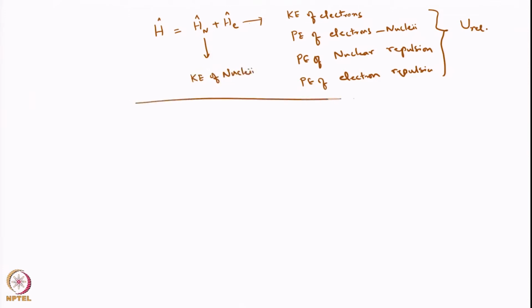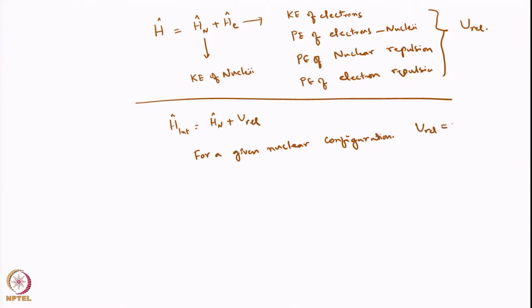Now that means your H internal, that is the motion of the nuclei, can be written as Hn plus U relative. And I told you, for a given nuclear configuration, U relative is equal to constant.